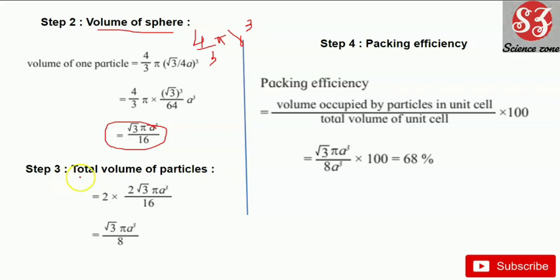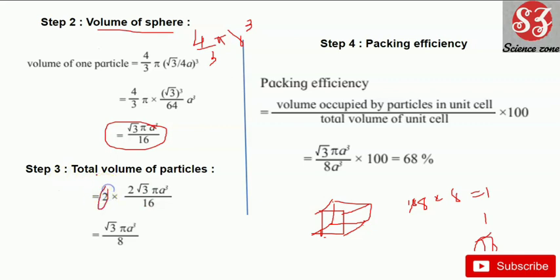So next, finding out the total volume of particles. So it is a body centered. So if you remember, for body centered we have found out the total number of particles. All 8 particles present at edges, so 1 by 8 into 8, which is equal to 1, plus 1 in the center, which is equal to 2. So total number of particles in the body center is 2.